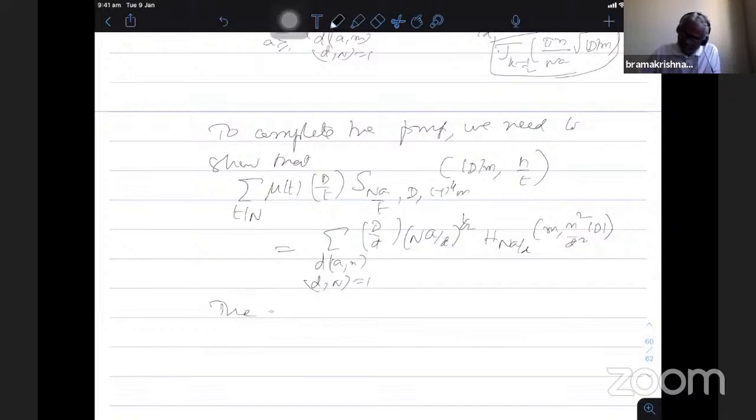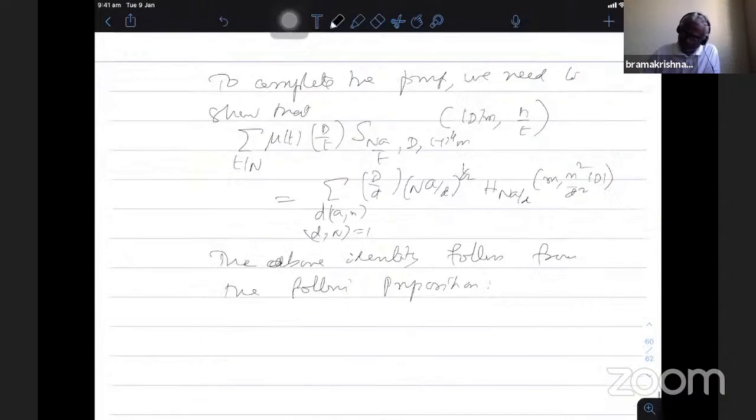The above identity follows from the following proposition. Very interesting proposition. The calculation is very easy to do, but it is very tedious.